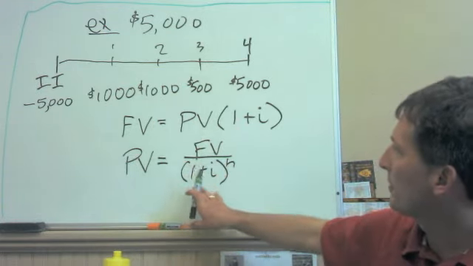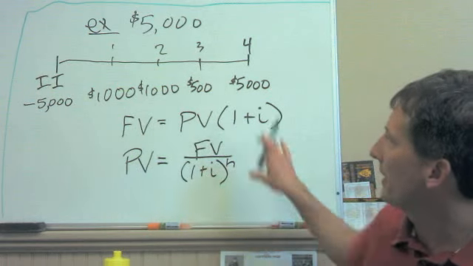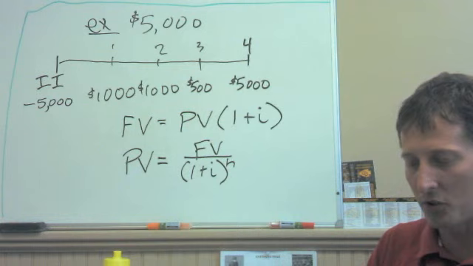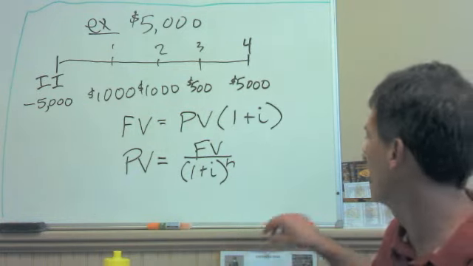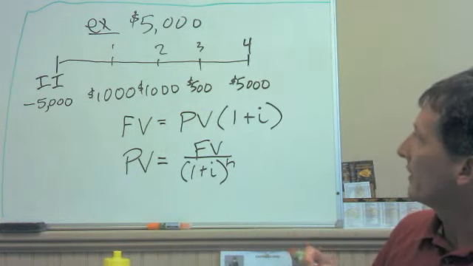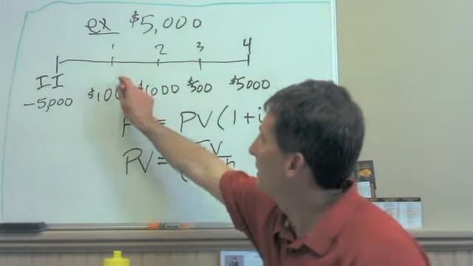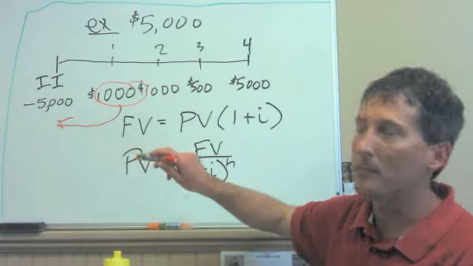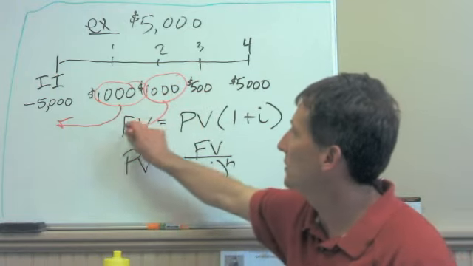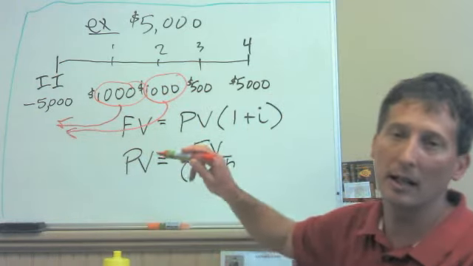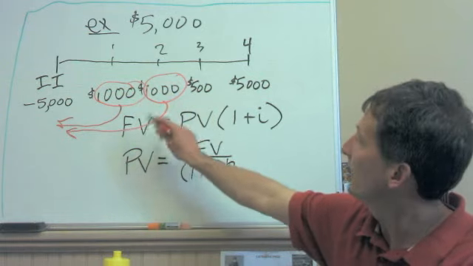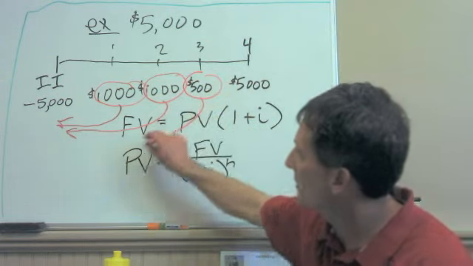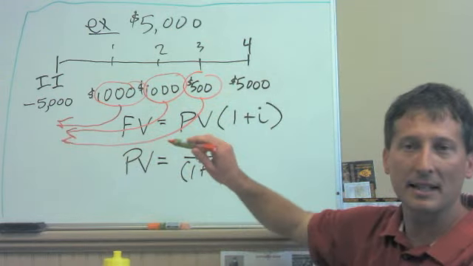So for this particular problem then, we'd have to treat each one of these independently and discount these future sums back to the present day. So I didn't do the math ahead of time here, but we'd plug into this formula $1,000 and bring it back in time. $1,000 in year 2 isn't as valuable as $1,000 in year 1, so we need to calculate what it is. $500 in year 3, go back in time.